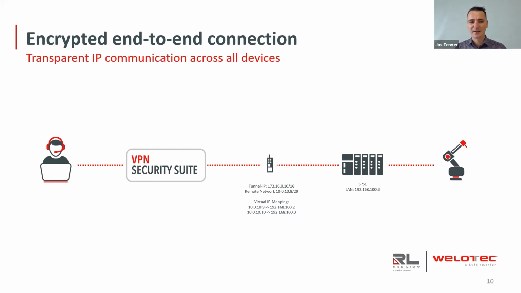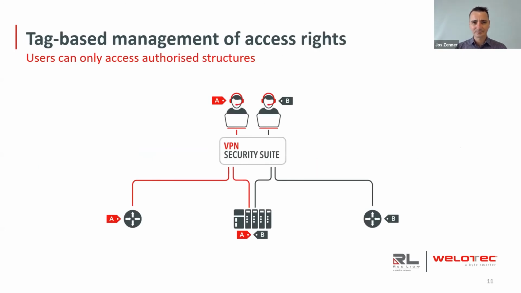Then you have remote maintenance engineers, or software systems that need to access through a secure VPN tunnel, either the PLC or HMI or whatever is behind the edge device, and also the edge device. So we have end-to-end connectivity from your local office, from your data center, to the PLCs in the field. And this is, of course, very secure.